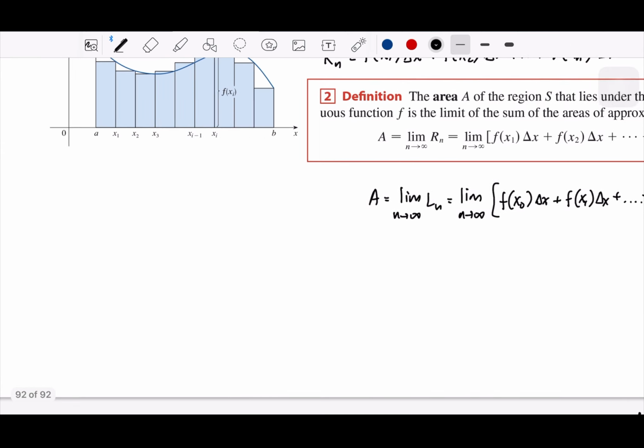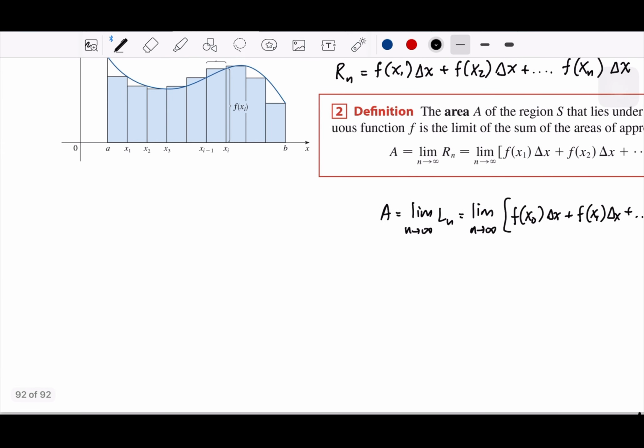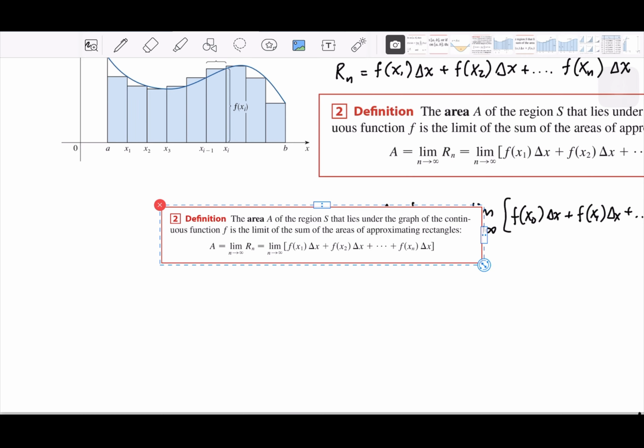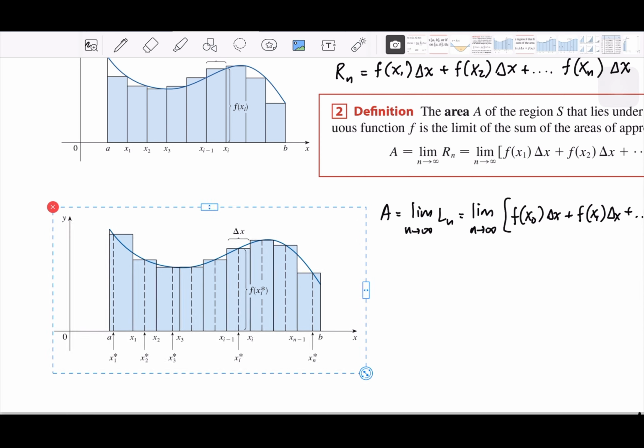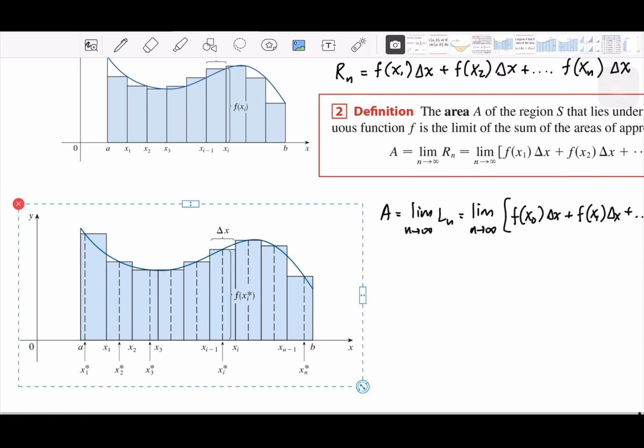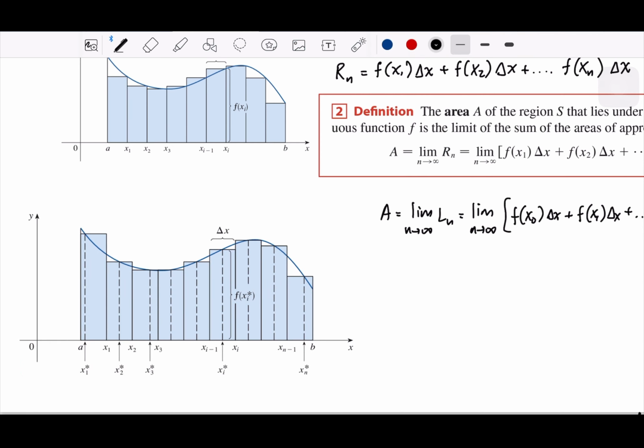So we could take this as a sample point. We take this x1 with an asterisk here.